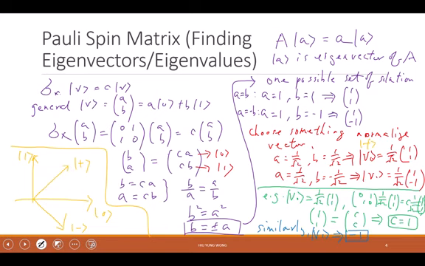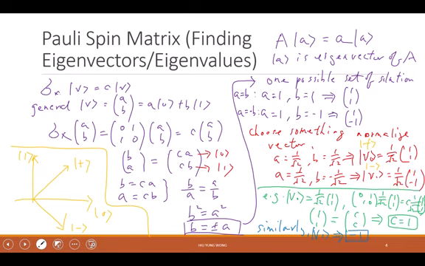And the second eigenvector of sigma x is just equal to minus, because it is 1 minus 1. Remember what is 1 minus 1? It's 1, 0 minus 0, 1, right?